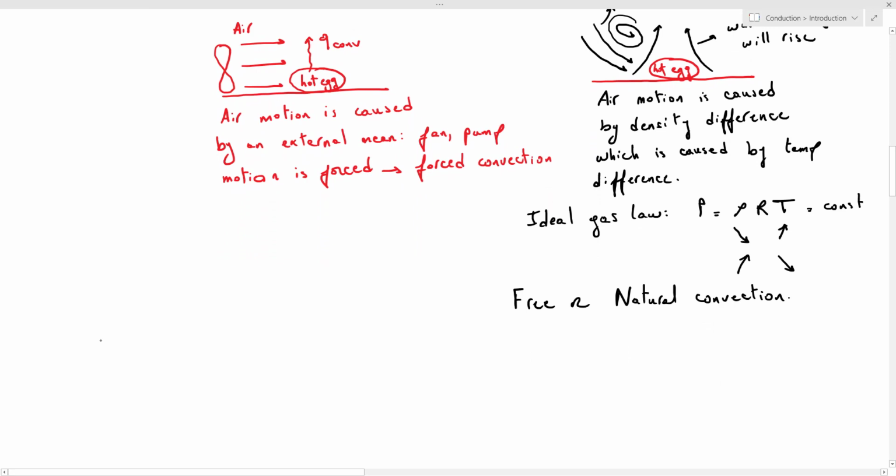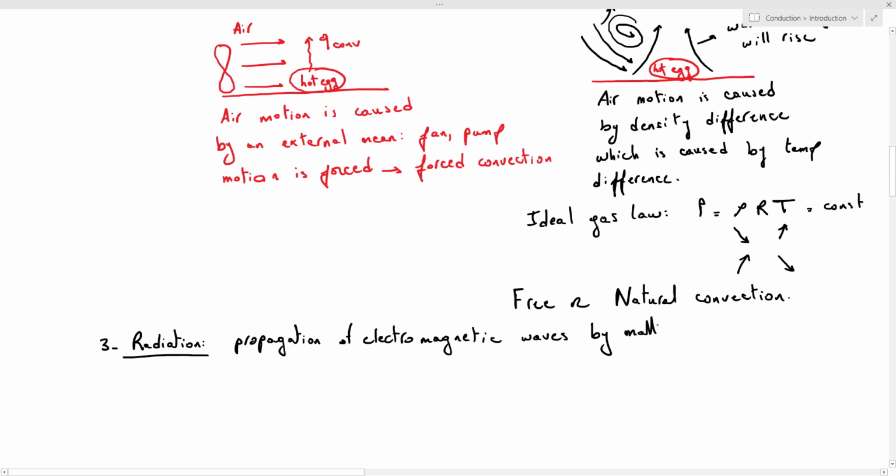Now, the third mode of heat transfer is called heat transfer by radiation. Heat transfer by radiation is the propagation of electromagnetic waves by matter whose temperature is greater than 0 Kelvin.